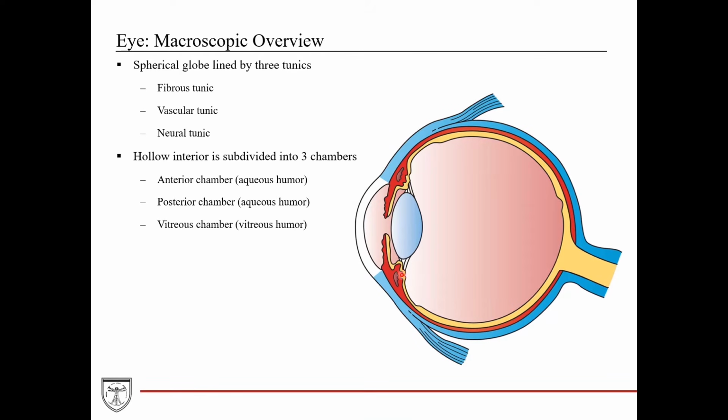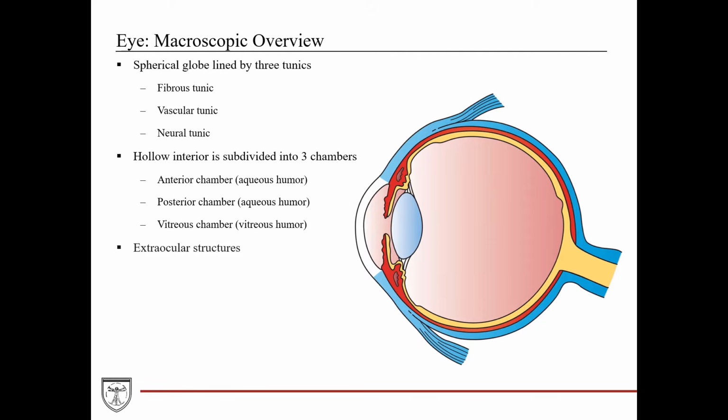And because the aqueous humor is constantly being produced, it also needs to be constantly drained. Those drainage systems are indicated by these openings, which are also called the canal of Schlemm. Again, we'll discuss these later a little bit, but it's always good to introduce these things early on and then revisit them later on.